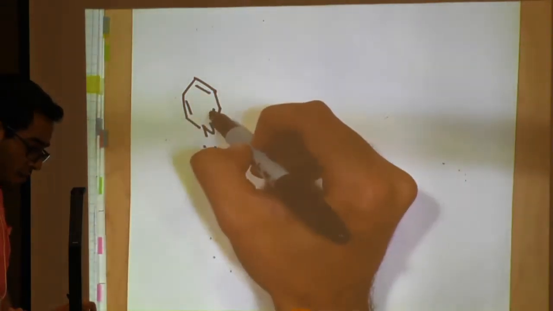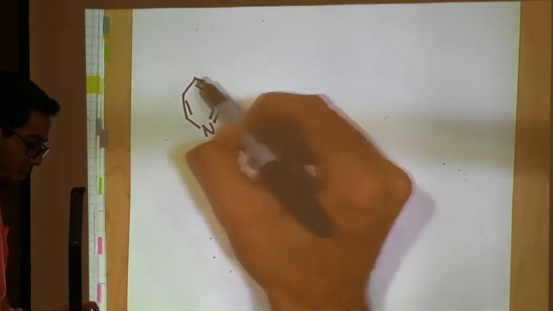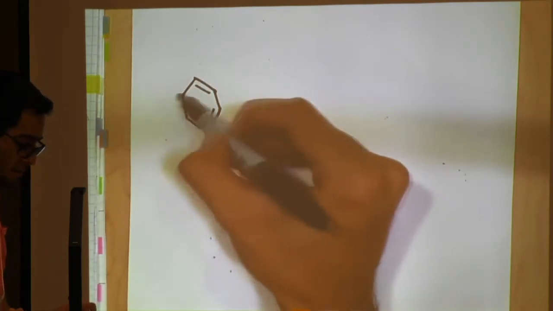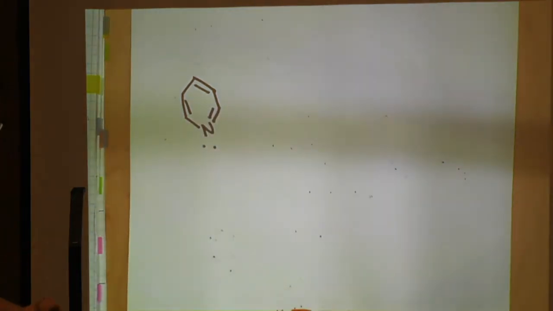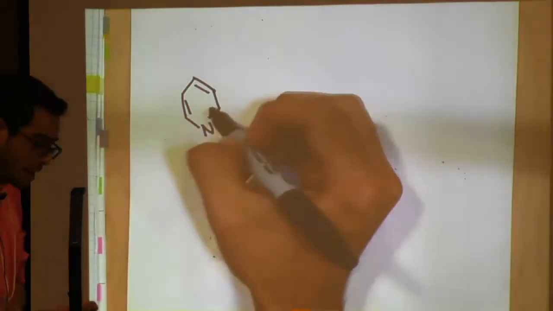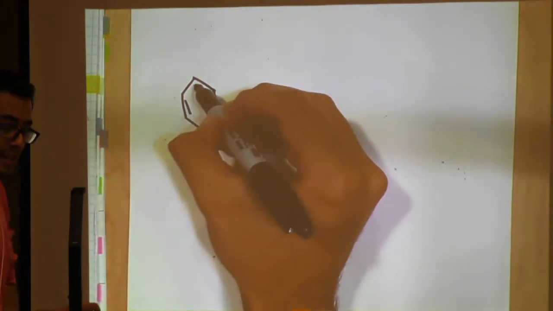So 1, we check, is it fully conjugated? So I have 1 single bond, 1 double, 1 single, 1 double, 1 single, 1 double. So yes, it's conjugated. I don't see any dashes or wedges, so it's planar, and it's a complete ring. It's cyclic.